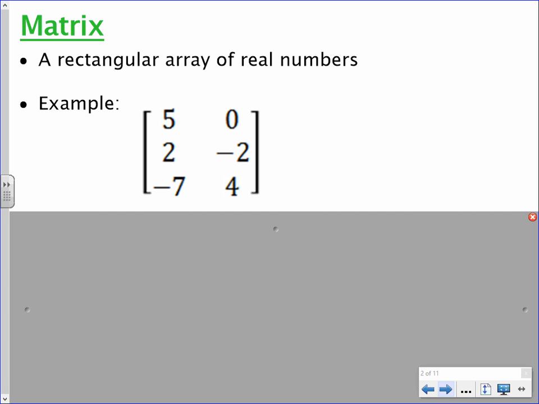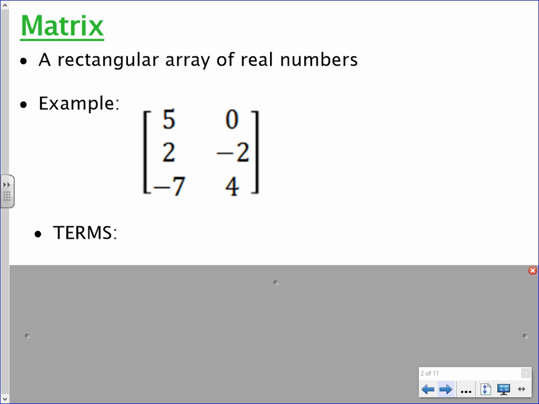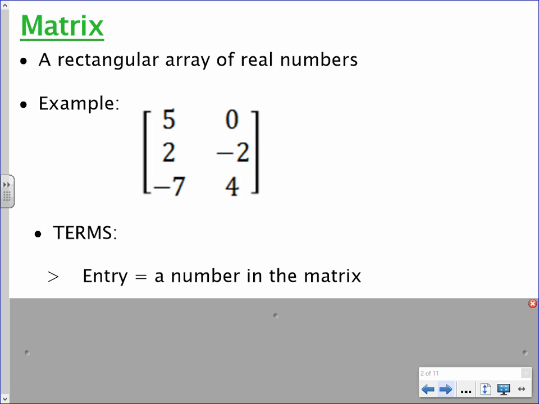Okay, so the brackets, we're going to put those around all of our matrices, okay? And then we have numbers organized in rows and columns, would be a good way to describe it, right? Each number is called an entry.